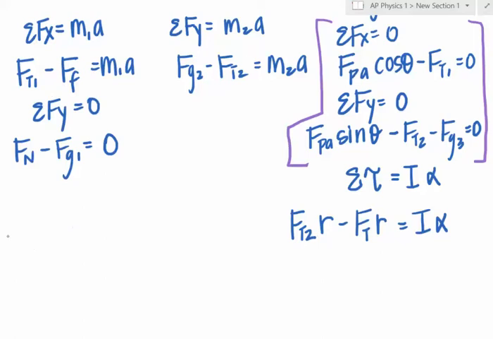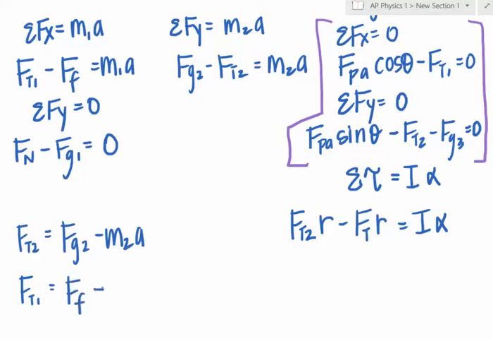Okay, so now let's do some substitution. Would FT2 be the same thing as FG2 minus M2A? And FT1, would that be the force of friction plus M1A? Do you remember the force of friction equation?